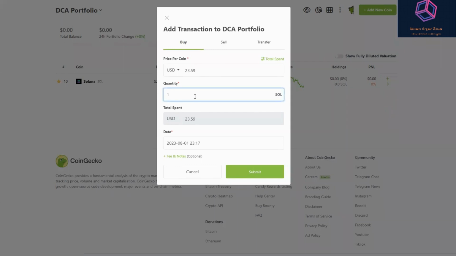So we want to buy Solana for about $200, right? So say we bought at the current price, we're going to have 8.5 Solanas.